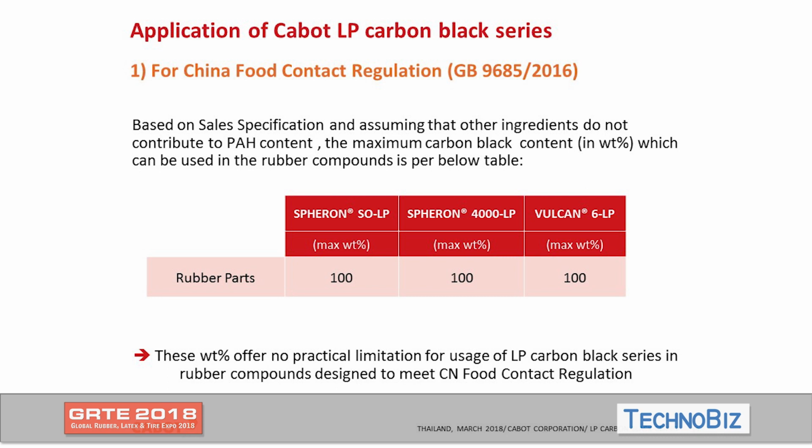The following several slides are also based on the same conditions. We just assume the other ingredients do not contribute anymore. So for the China food contact regulation, it's almost unlimited. Our low PAH carbon black completely complies with the regulation. You just add what you want based on the final physical requirement, up to 100%. That means pure carbon black.